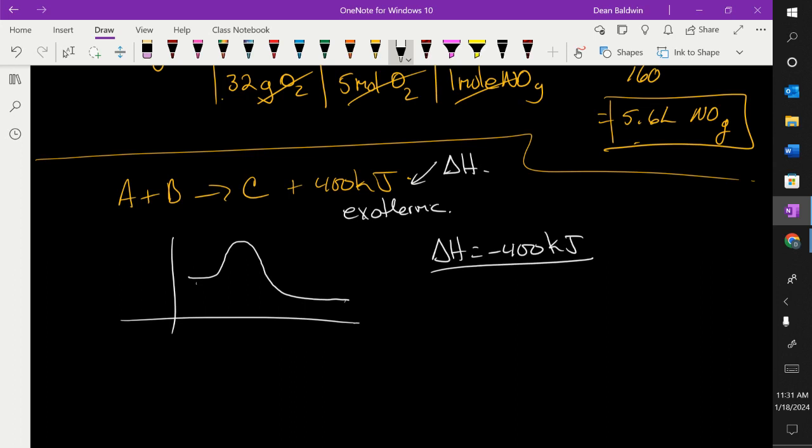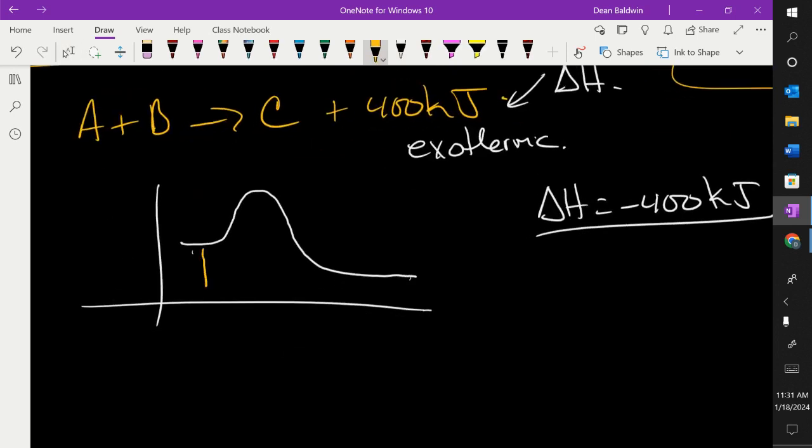That's why it's negative. And if I want you to label it, which I will, you're going to go, there's delta H. That's equal to negative 400 kilojoules. These are your products. These are your reactants. What is this number here?